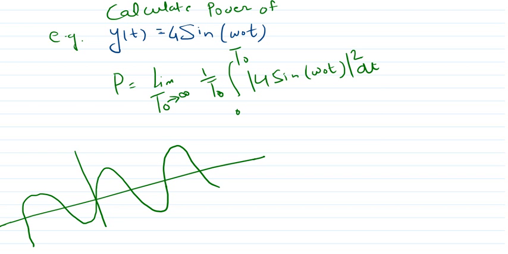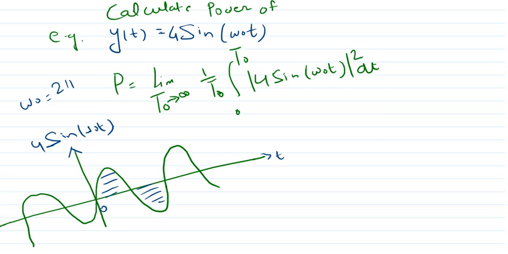If we analyze the graph of 4 sine omega naught t against time t, this is our 0, this is our 2 pi, and this is our period. So what is omega naught?